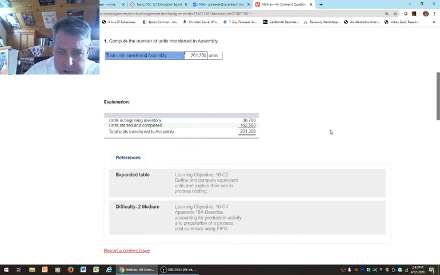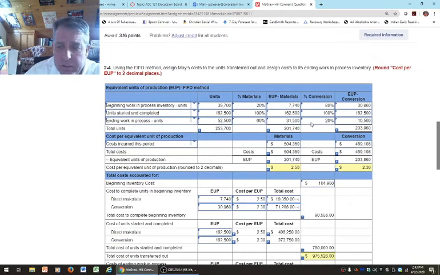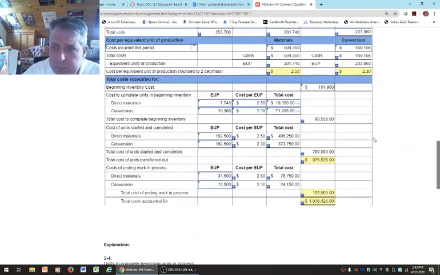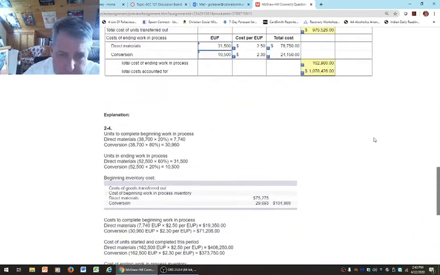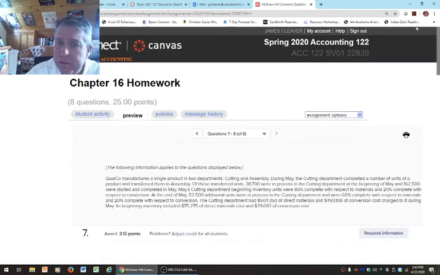Beginning inventory, started and completed, transferred. This is useful, but mostly it's logical when you think about inventory. So I hope you got that. Did you get that? The top part. And here's the explanation of all those. Far out.